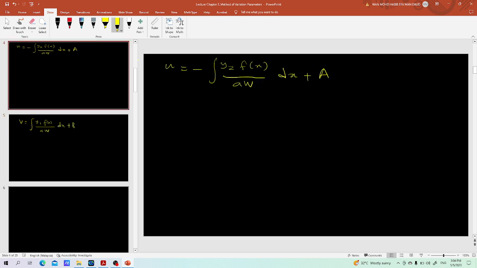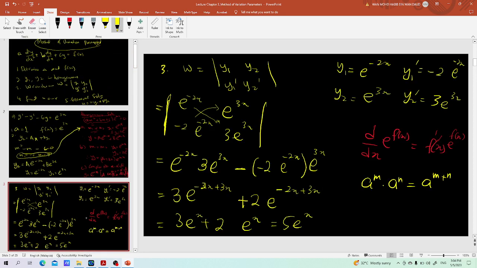So we set it out first. What is y2 here? y2 equals e^(3x).